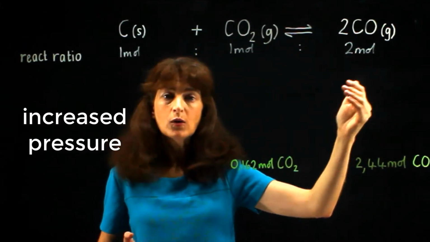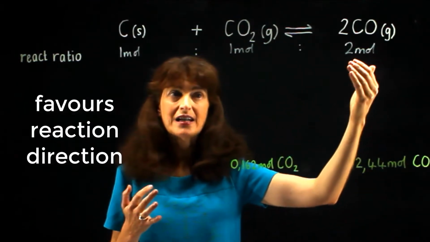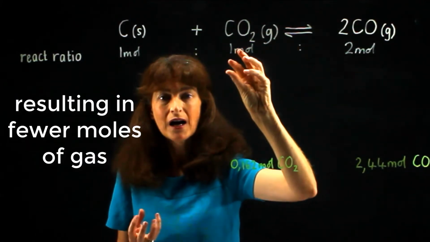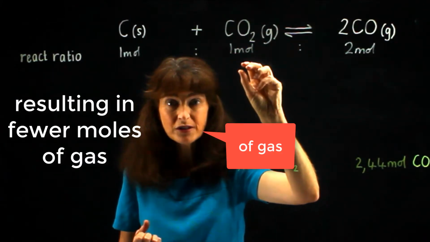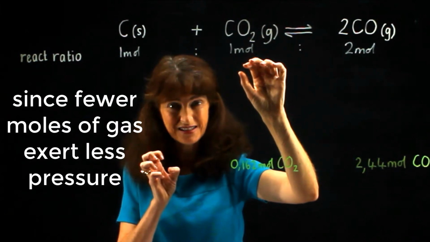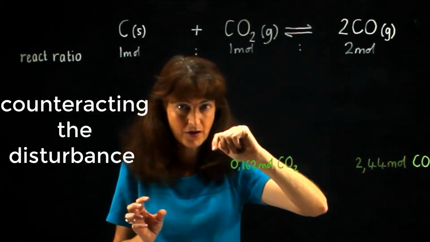Why? Because an increase in pressure favors the direction of reaction which causes fewer moles to be produced, because by doing so, that decreases the pressure, going against the stress that was provided.